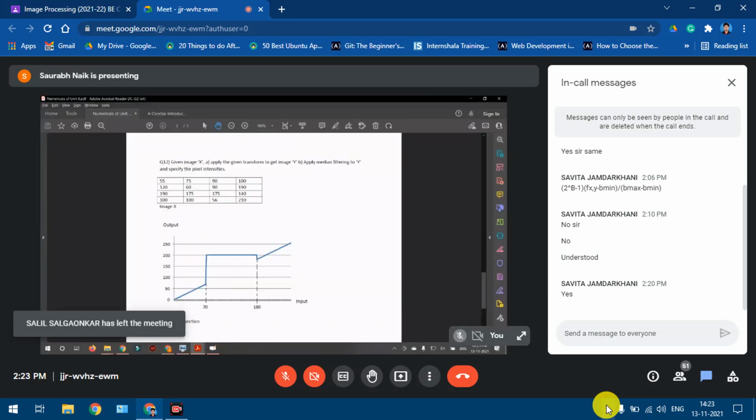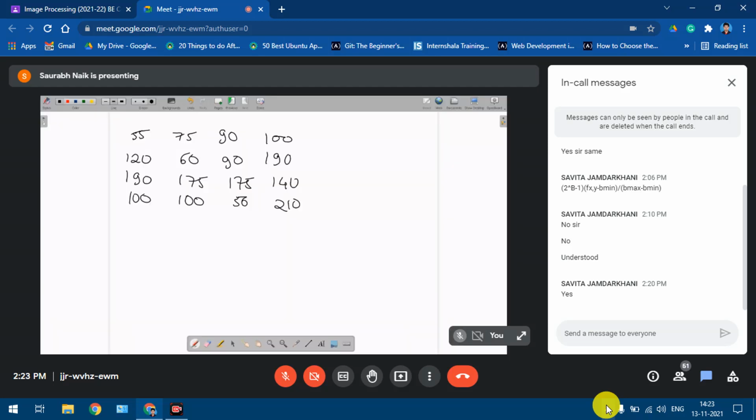Okay, and the transform function is given as having anything between 70 and 180 set as 200. Just draw the transform function here.